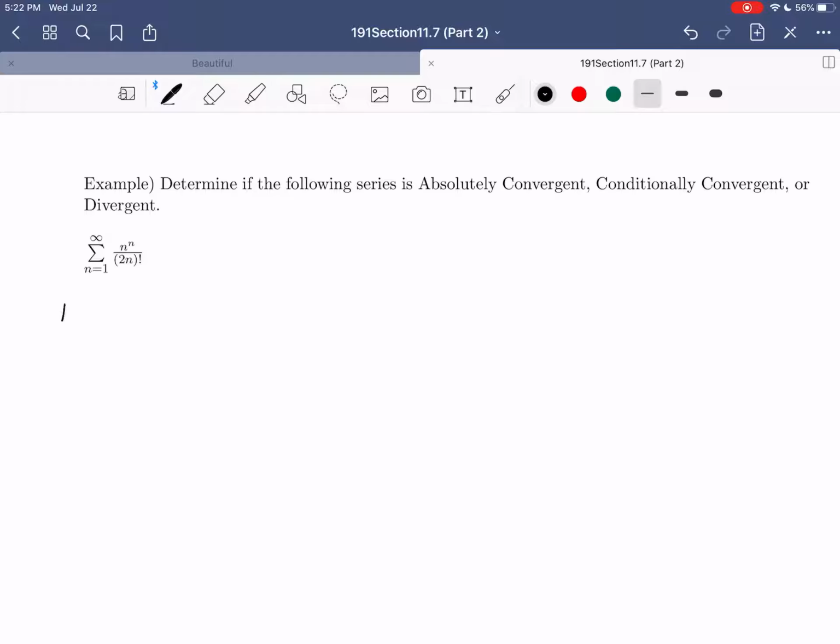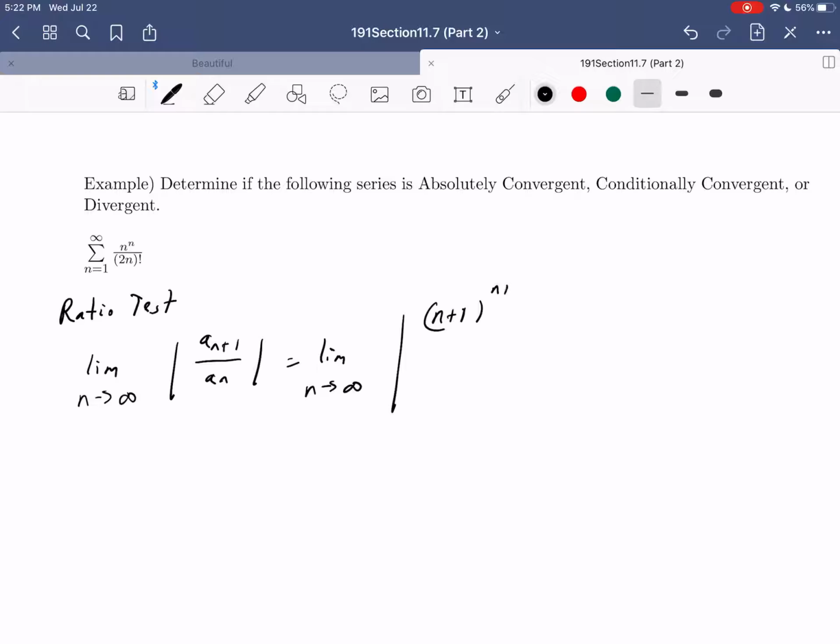So since we again have a factorial, we'll try the ratio test. We'll get our limit as n goes to infinity, absolute value of a_(n+1) over a_n. Again, n plus 1 here is going to be (n+1) to the n+1 over parentheses 2 times (n+1) factorial. And then in the denominator, we have n to the n over parentheses 2n factorial.